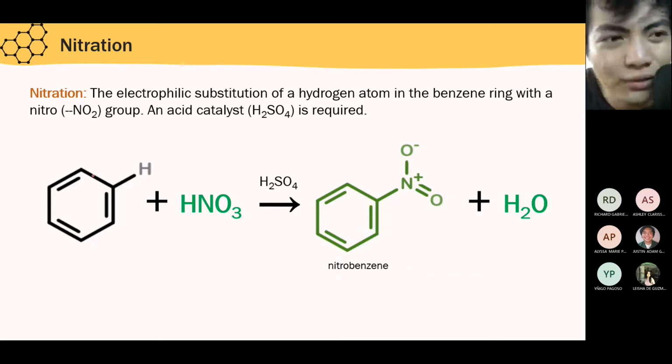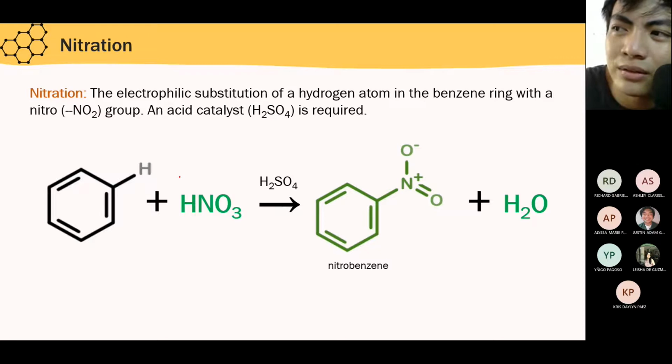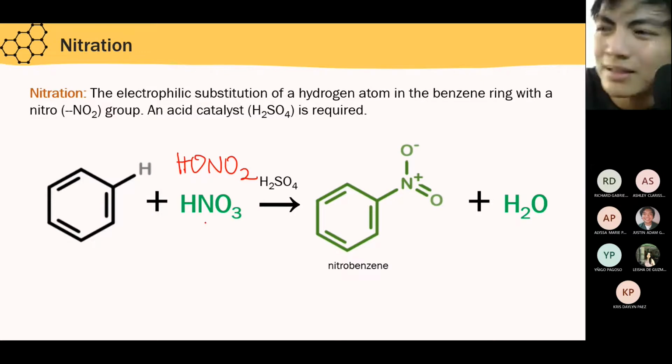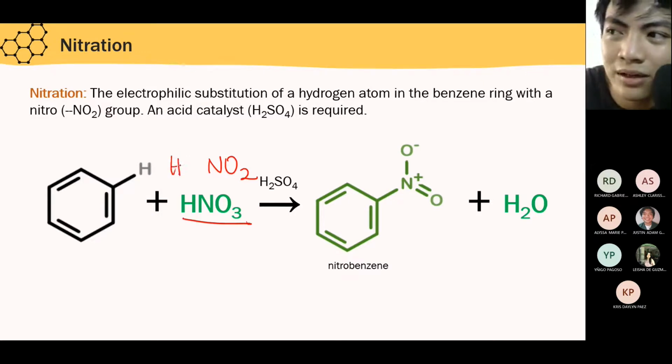Okay? So again, ano mangyayari sa nitration? Ang mangyayari lang is, ayan na. So, think of this as HONO2. Okay? So basically, HNO3 pa rin yan. Sineparate ko lang yung kakabit, pati yung hindi kakabit. So think of the nitric acid as HONO2.